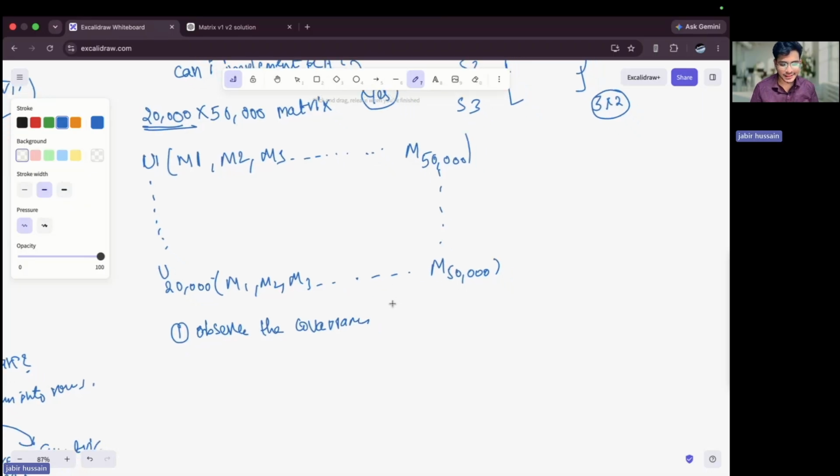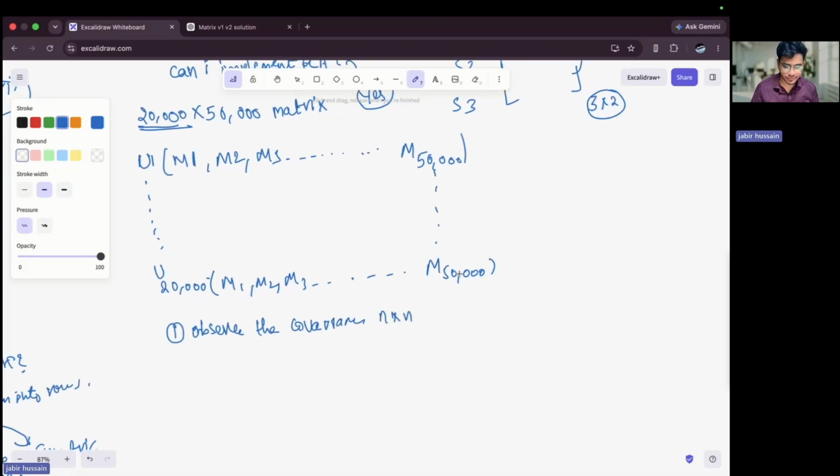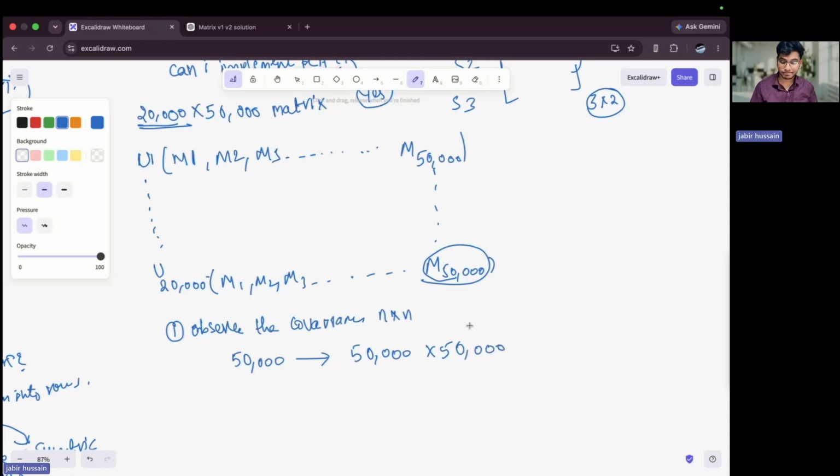Covariance matrix is an n cross n matrix, and because there are 50,000 features, we will get a matrix of 50,000 into 50,000 cells.